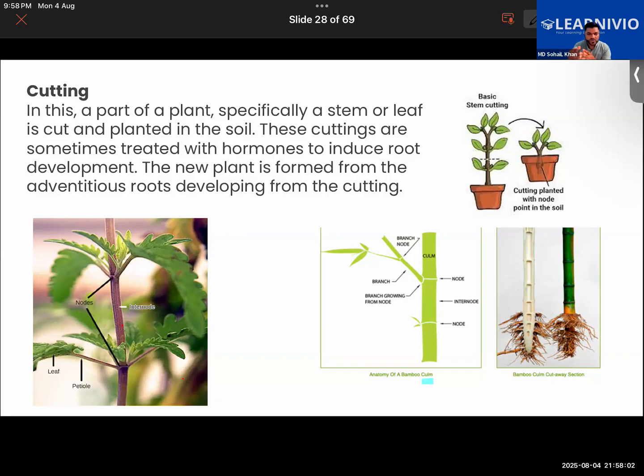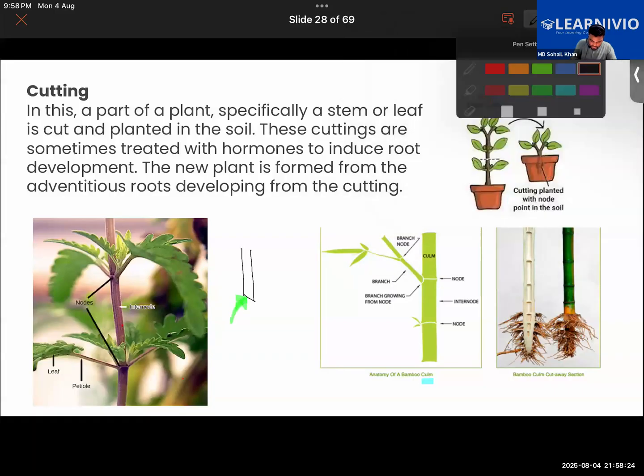The plant hormones help in the development of the roots. So we have taken the cutting of the stem like this. Now let's say we are applying some hormones to that cut portion.